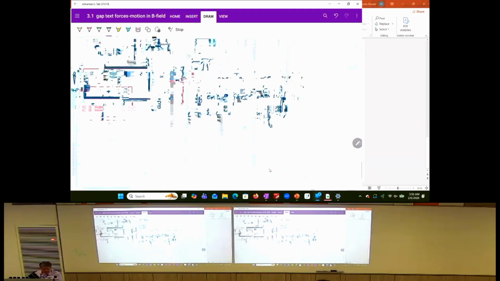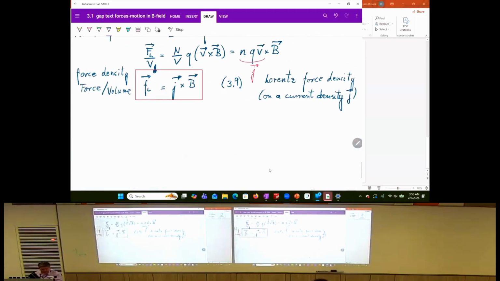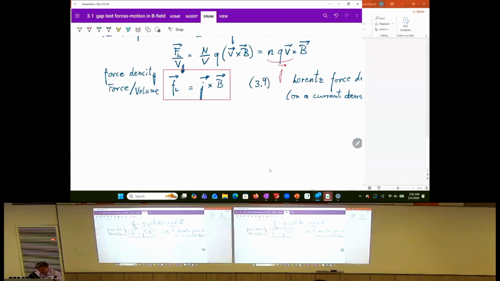So now, since you have the force density, you will obtain the total force by integrating the force density over the volume of a conductor. If you want to know the total force on the current, you integrate over the volume of the conductor the force density.